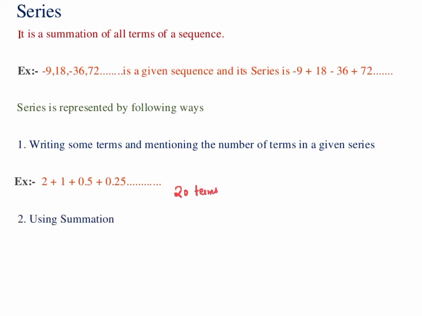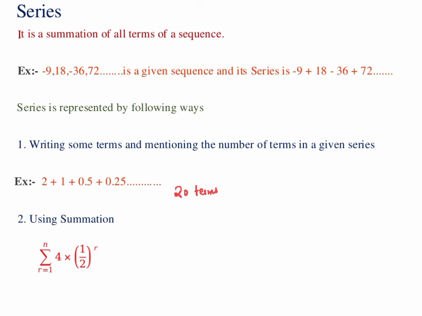Or next, using summation. Instead of writing each and every term, we will use summation. This is a notation we use for representing this kind of series, which helps to save space and time and a lot of writing.